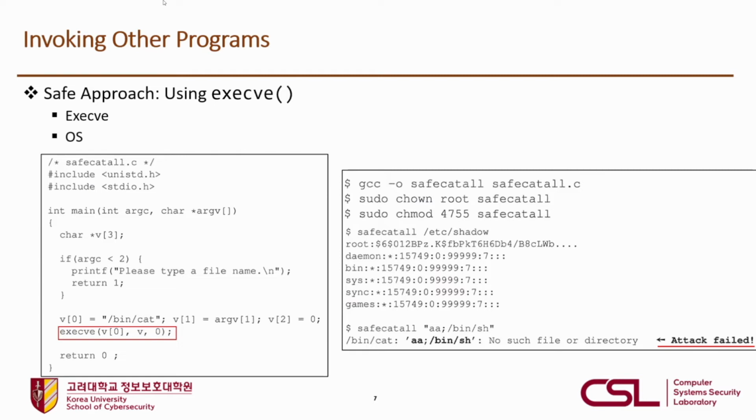In detail, when execve executes programs, the code, that is the name of the command, and the data are completely separated. Therefore, when receiving an argument, the entire string "aa; /bin/sh" is judged as data and not executed as a command, so the code can operate in a protected state.